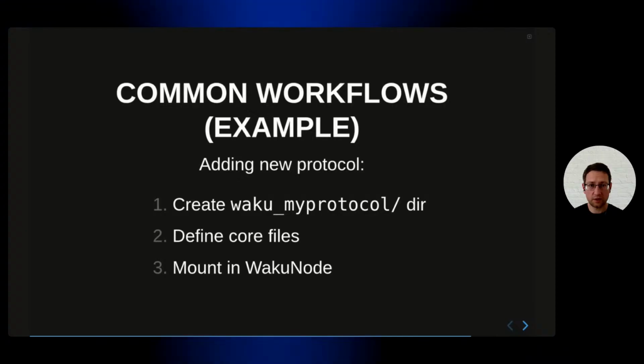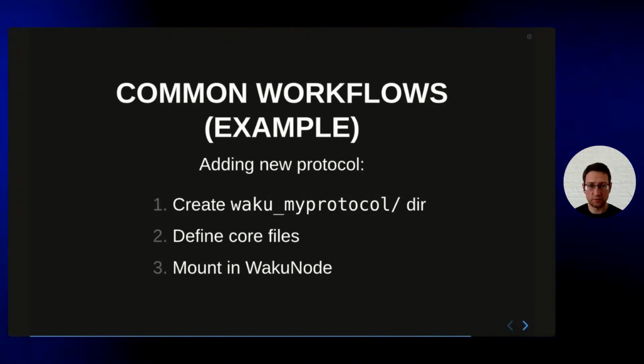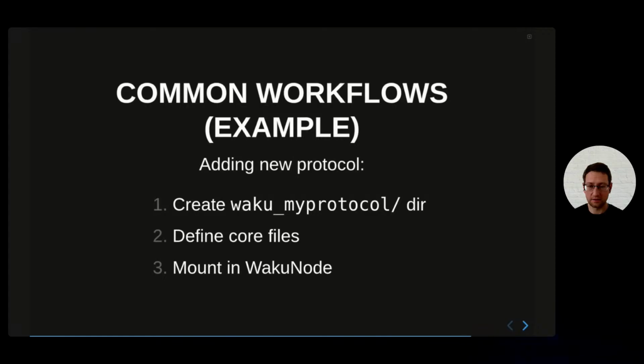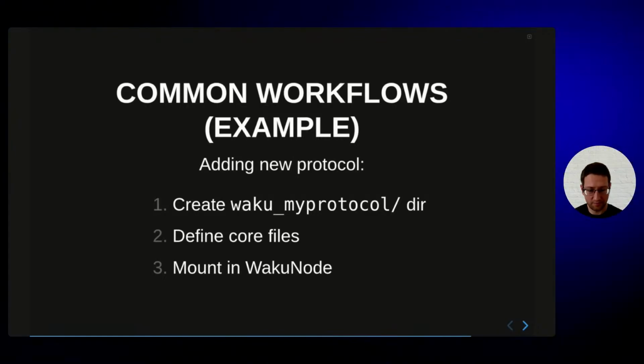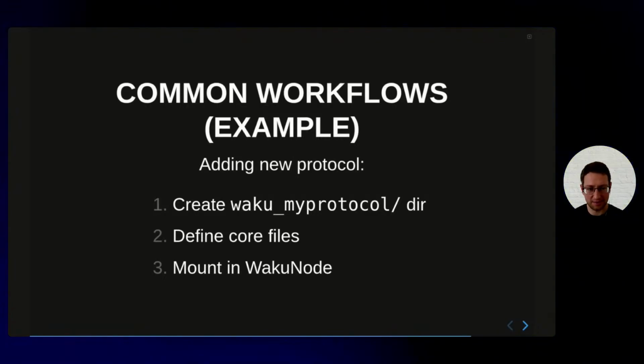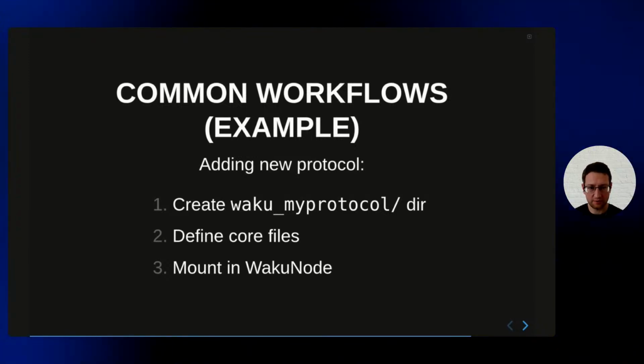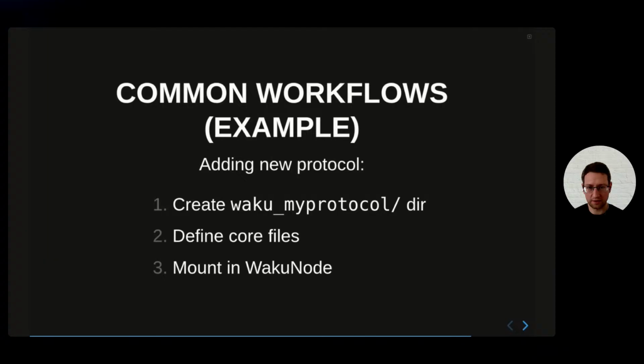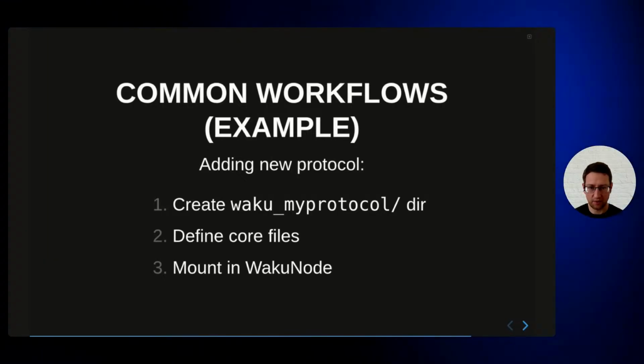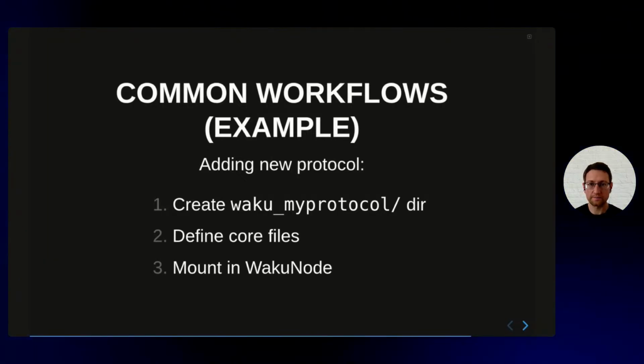Some common workflows are also covered, such as how to add a new protocol to the Waku protocol stack, that we as developers and AI as our co-developer should create the directory for that protocol, define some core files, again with their own naming conventions, and mount the protocol within the Waku node.